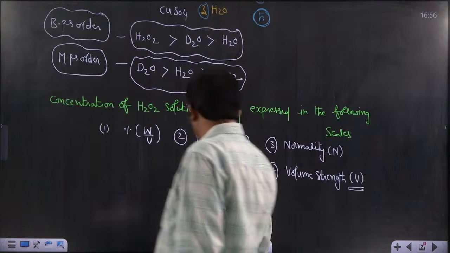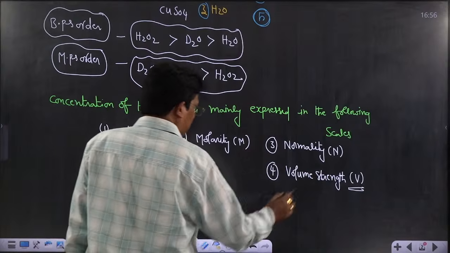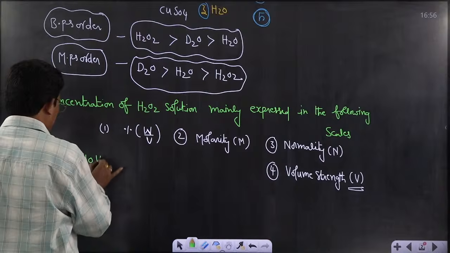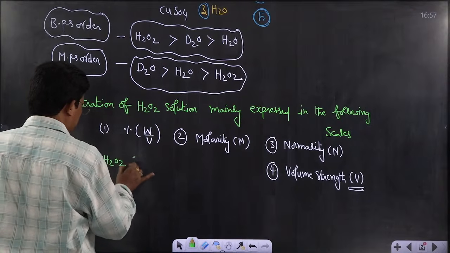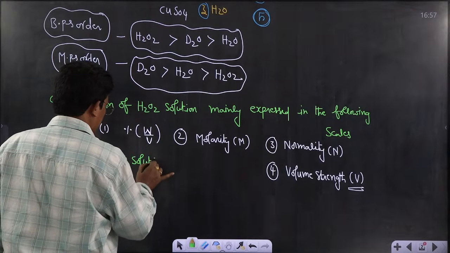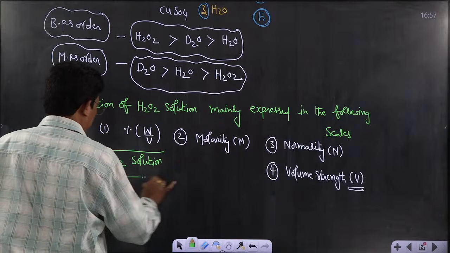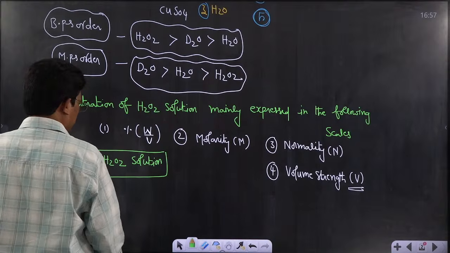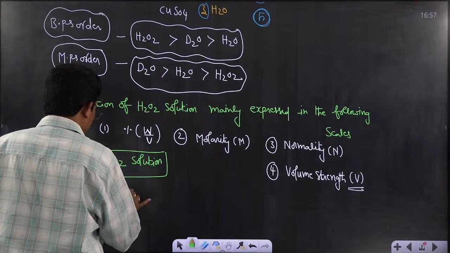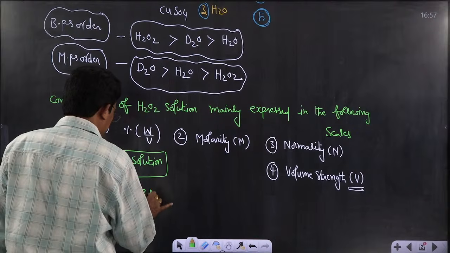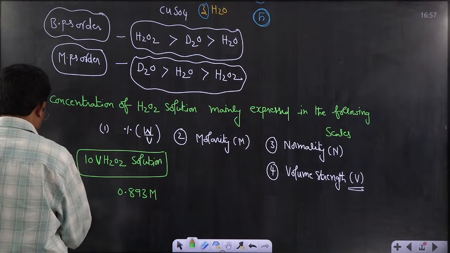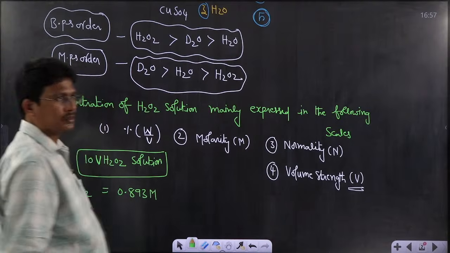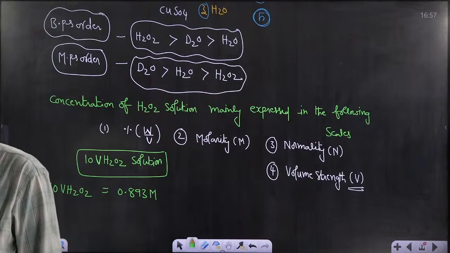For example, if you observe the relation between them, for 10 volume H2O2 solution, the molarity is 0.893. 10V H2O2 solution is numerically equal to 0.893 molar.